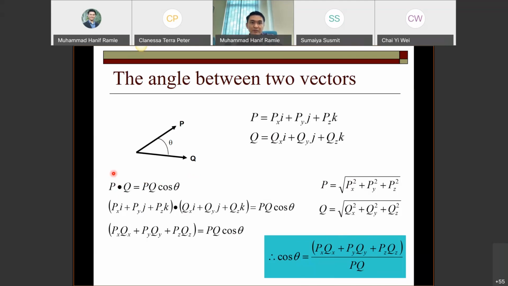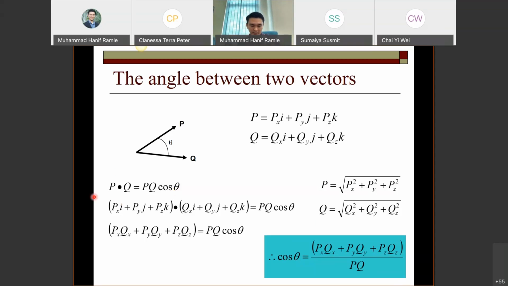Then I will derive it from here to get the theta. This is my method. It's up to you. If you want to remember this formula, cos theta equals PxQx plus PyQy plus PzQz over PQ, then it's up to you. My method, I only remember this, then I can derive from here to get the theta.